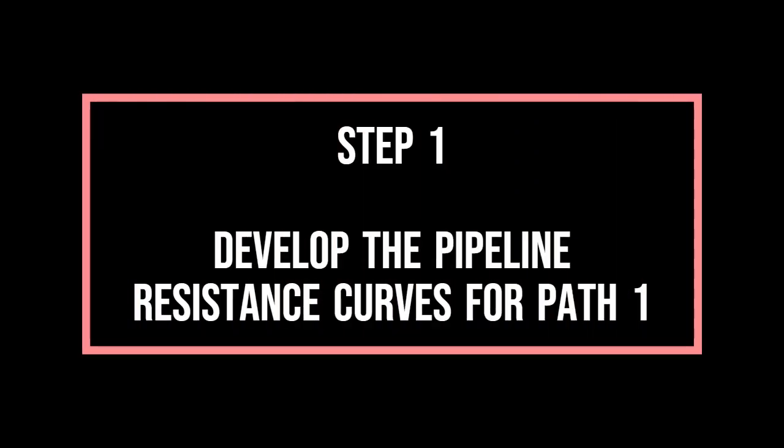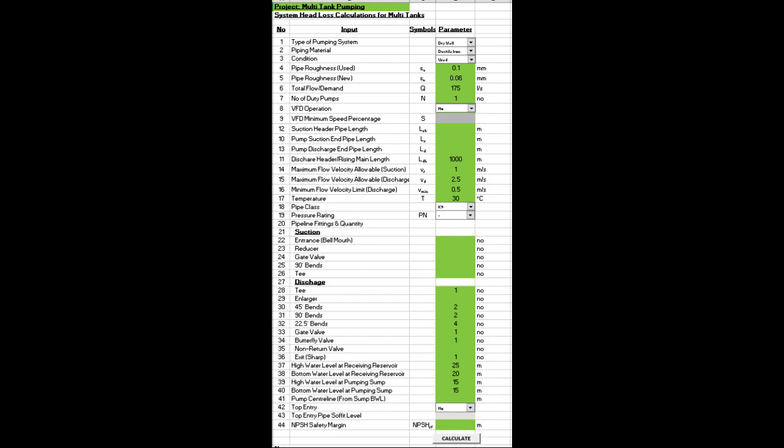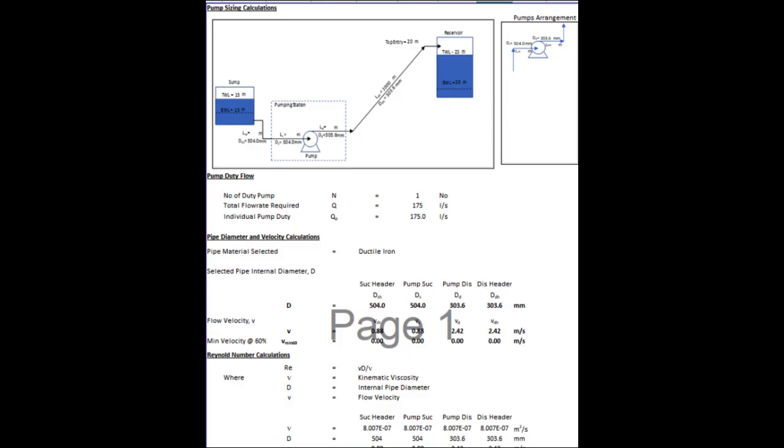Step 1. Develop the pipeline resistance curve for path 1. To develop the system characteristic curve for path 1, I will use the spreadsheet which I have shared in my previous video. This will make the calculations much easier. Let's input data for path 1.